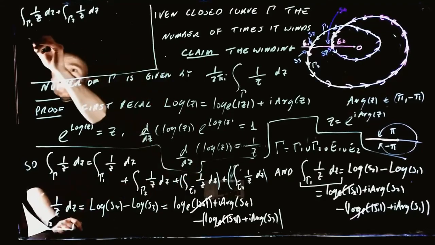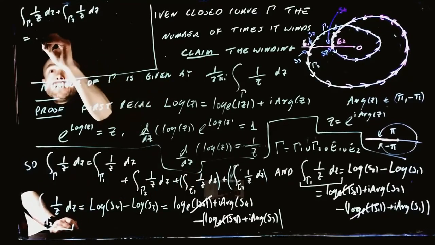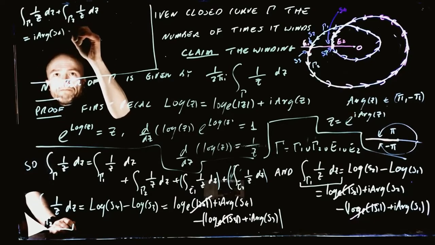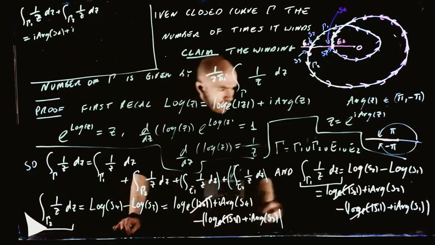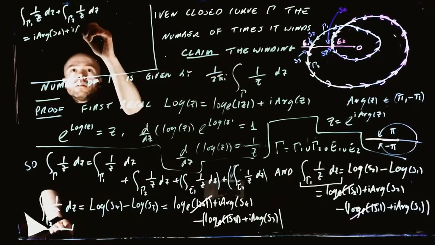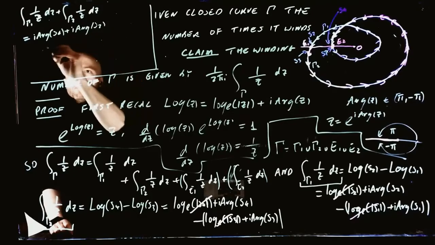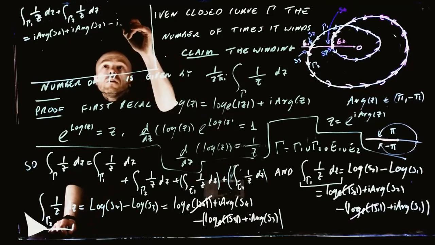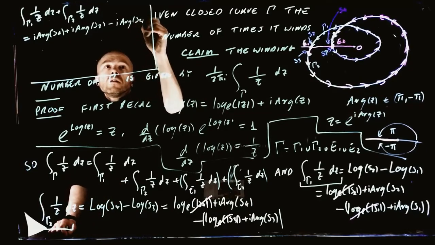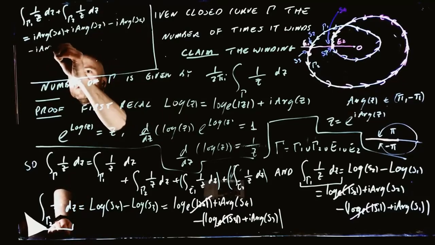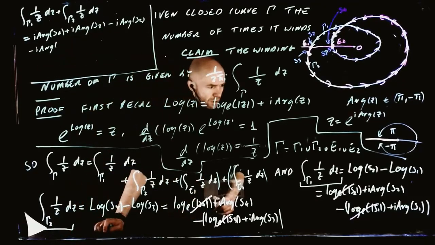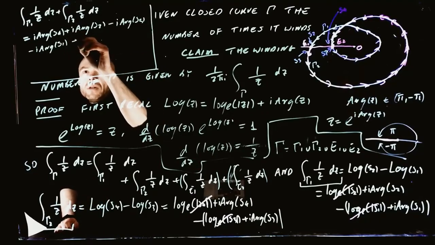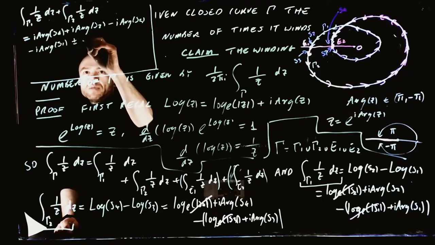We have i times the argument of S4, plus i times the argument of S2, minus i times the argument of S3, minus i times the argument of S1, plus or minus a very small real error.